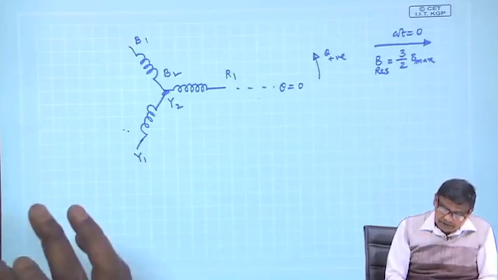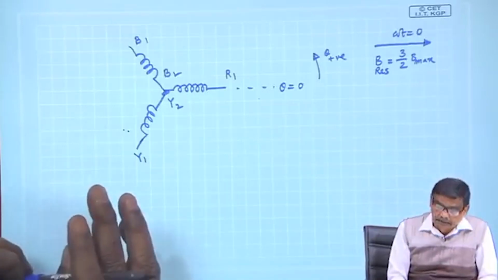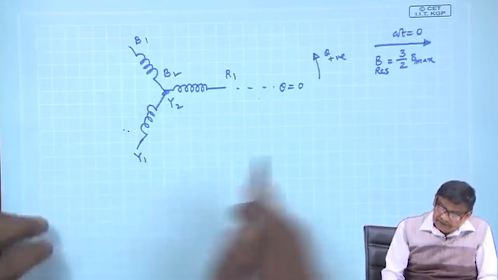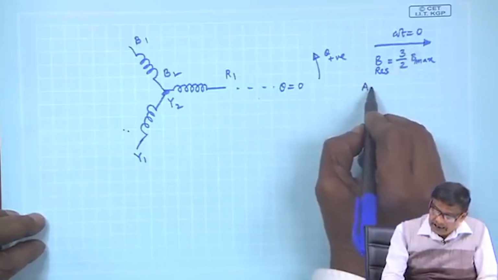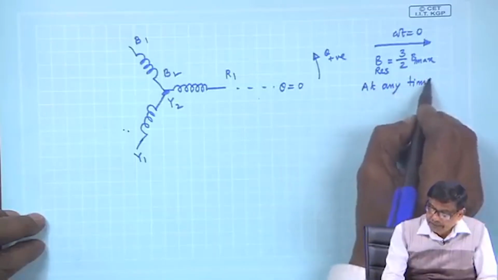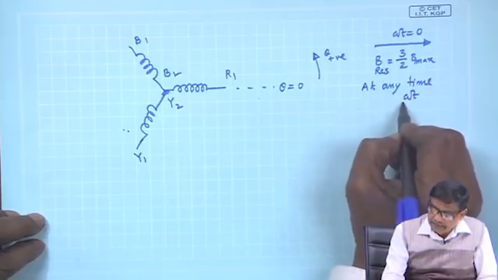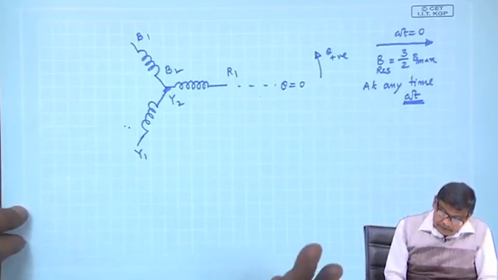Now, suppose instead of taking some discrete values of angles, let us say that if this is omega t equal to 0, then at any time omega t, time passes, any arbitrary time omega t.